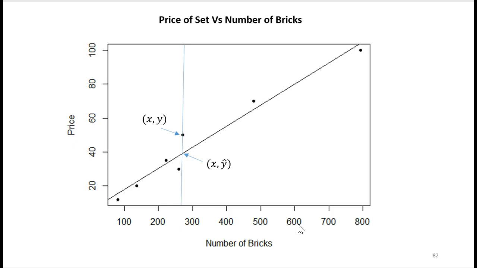So looking at our picture here, we can see if we draw a vertical line going through this point, the y value for this point represents the observed value of y, and the y value for the intersection represents the y hat, or the fitted value, because it came from the regression line.